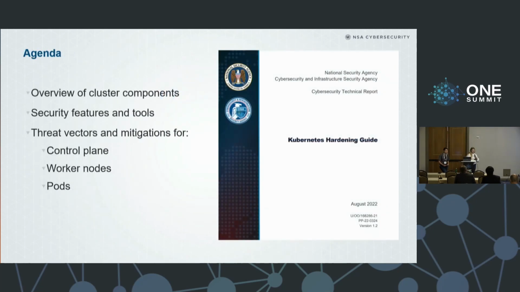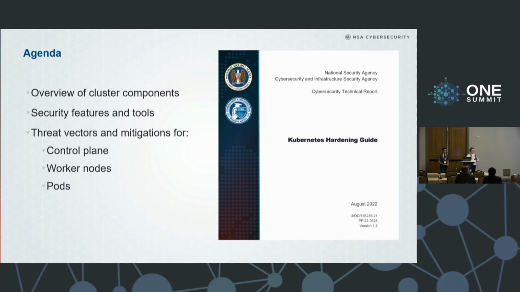Today we're going to talk about an overview of a Kubernetes cluster, some security features that are not necessarily built in but are in the open source community, and then some threat vectors and mitigations to the major components, which are the control plane, the worker nodes, and the pods.